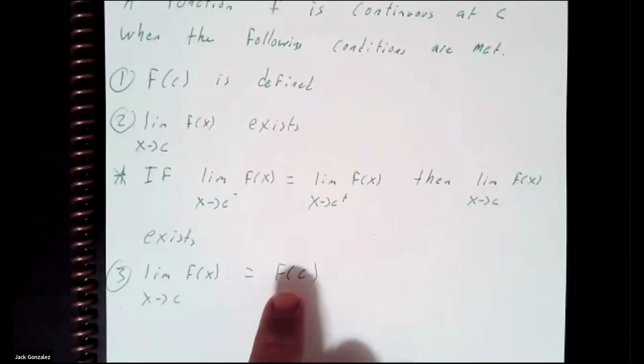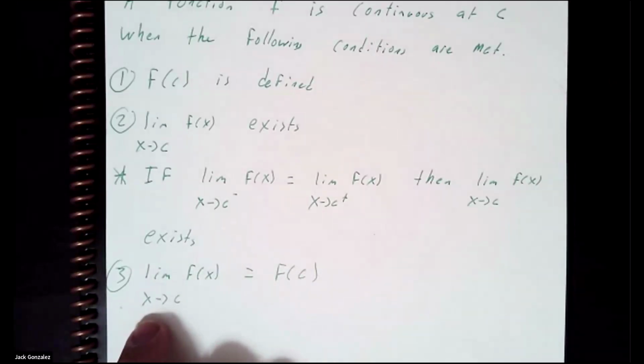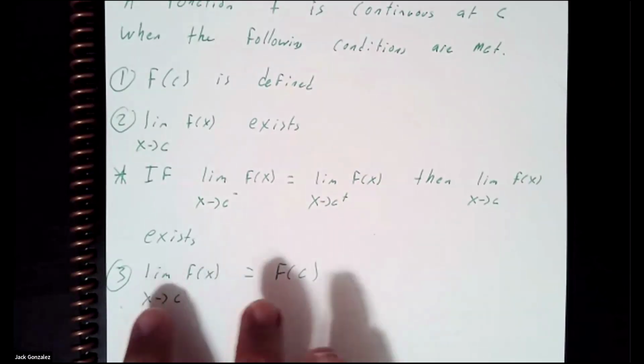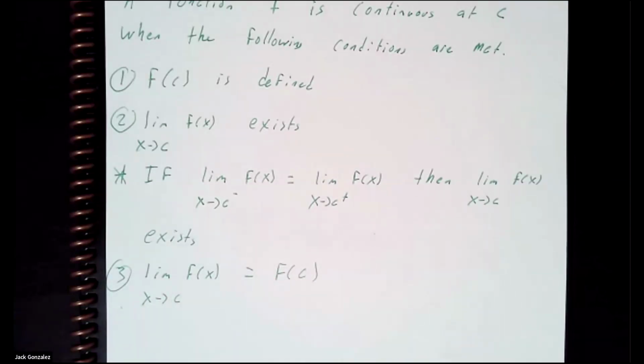Condition 3 says that if you plug it in and get some number, that has to be the same as the limit as you approach that number. And here we have 2 and 3, right? So number 3 fails. So you would say, no, it's not continuous. On the exam, you would just explain yourself. Okay, why is it not continuous? It's not a yes or no question, right?